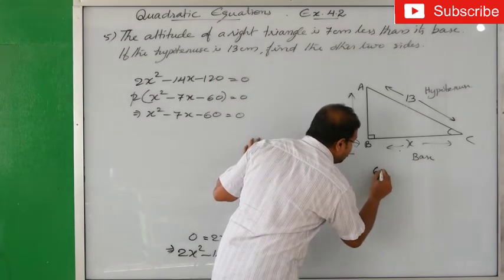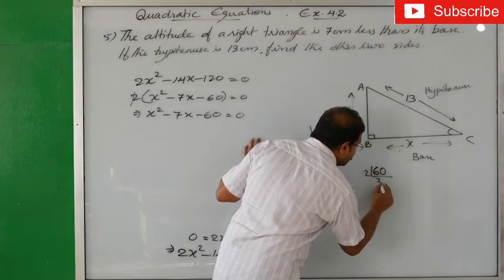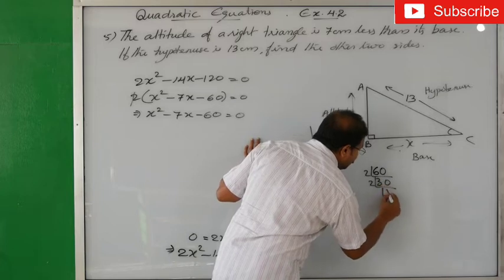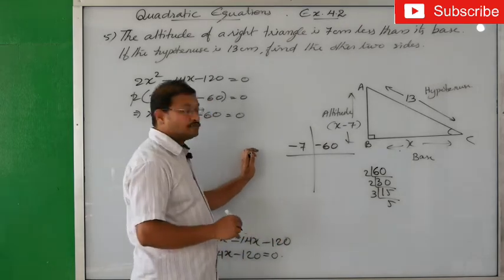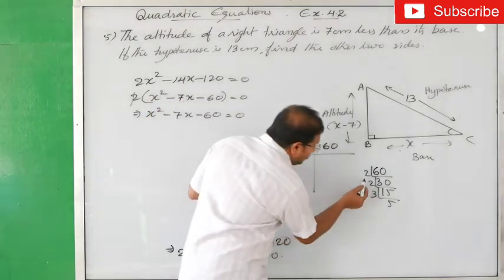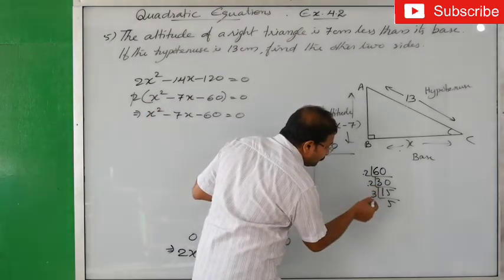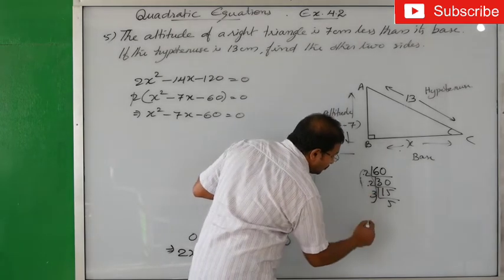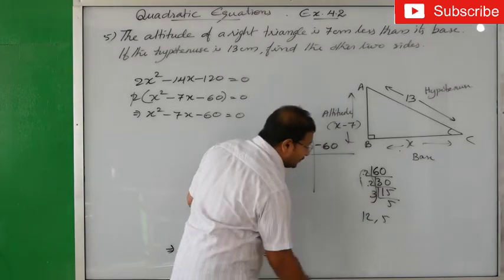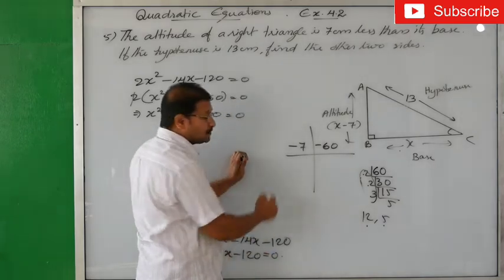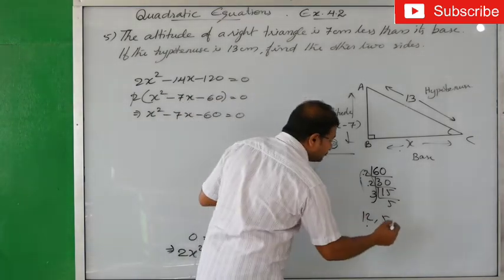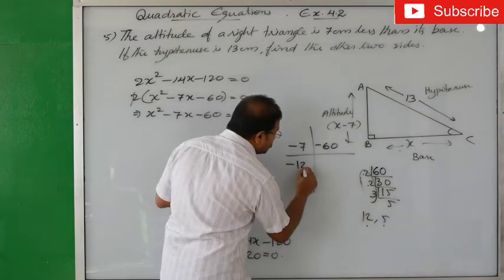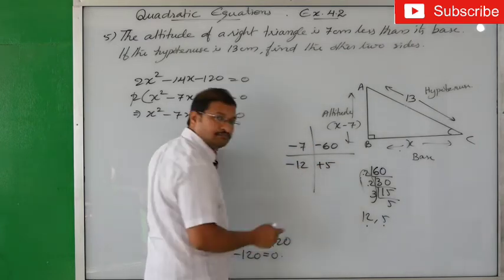So 60 we will break: 2, 30; 2, 15; 3, 5. See, 2 into 2 is 4, 4 threes are 12. So the numbers are 12 and 5, check: 12 minus 5 is 7, 12 fives are 60. So the numbers are minus 12 and plus 5.